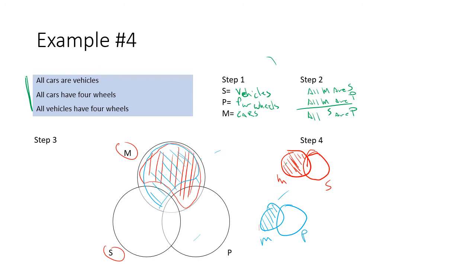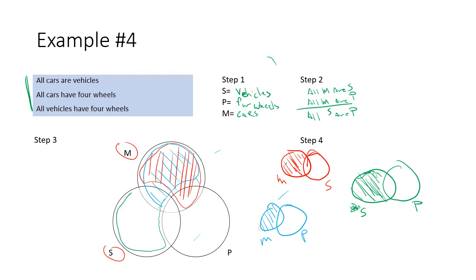So just going to get my color here. What we're looking for is all S are P. So we're looking for this picture where this part of the S has been sort of shaded in, and if we look over to our 3-circle diagram, I'm just going to outline it here.